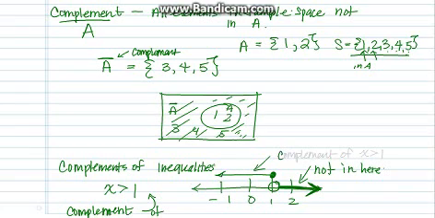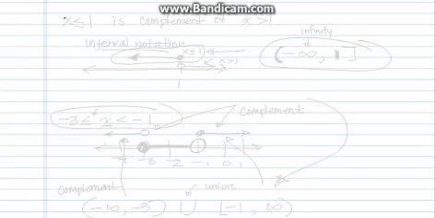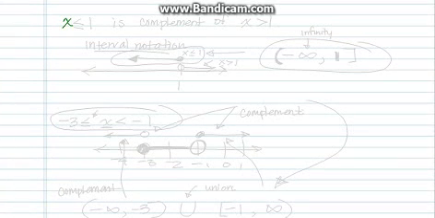This would be the complement of x greater than 1. So in other words, we'll write x is less than or equal to 1 is the complement of x greater than 1.